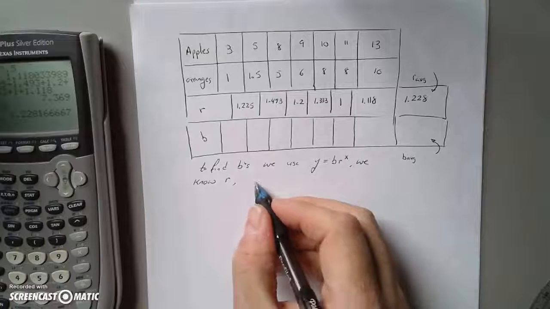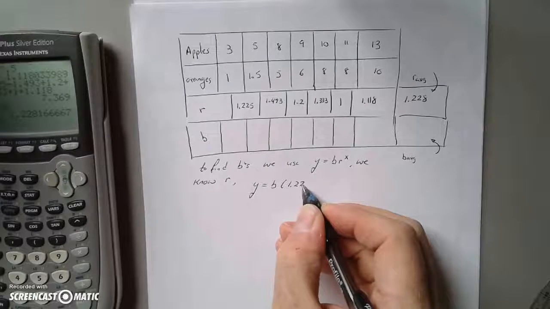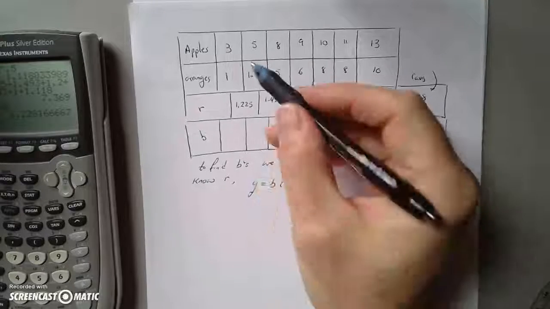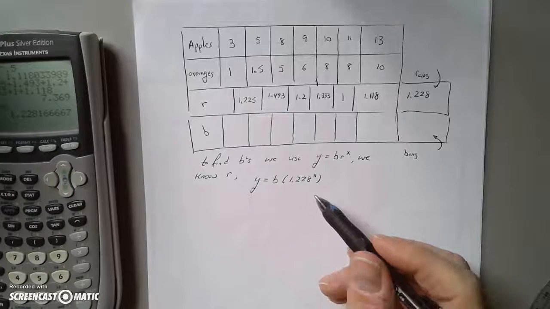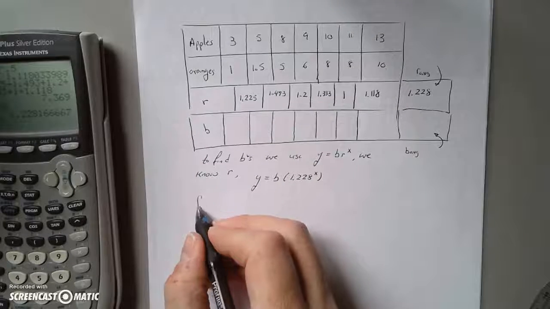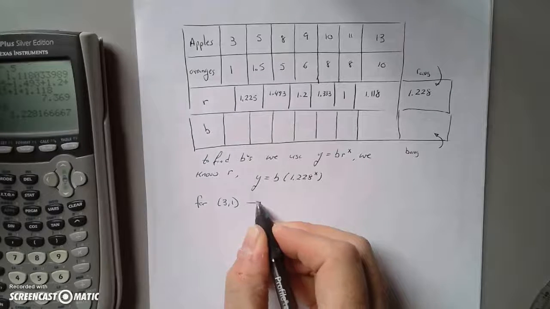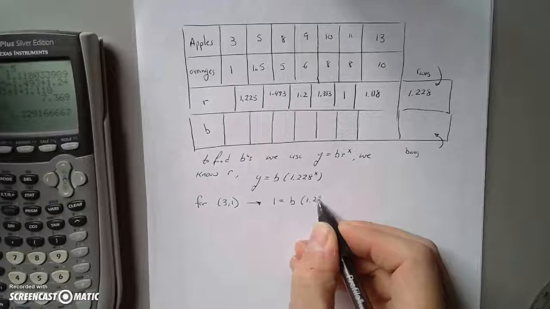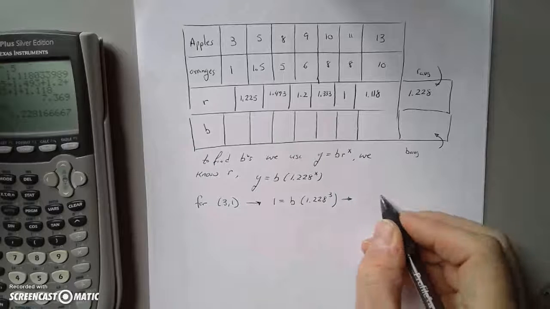So in our case, we have y equals b times 1.228 to the x. And then for each of these points, we're going to substitute the points in here and generate a b. So for 3, 1, we'd have 1 equals b times 1.228 cubed.